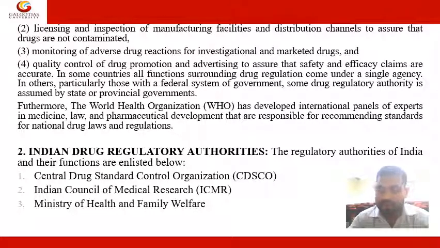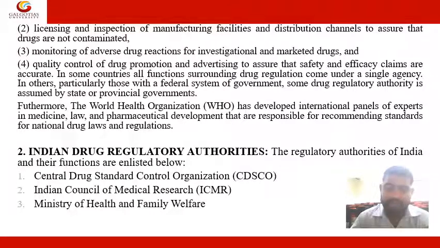I have already said that there are three regulatory bodies in India: the Central Drug Standard Control Organization, also known as CDSCO, and the Indian Council of Medical Research, also known as ICMR. In the current scenario, you have all heard about this ICMR. The government's representative is a Union Health Minister.